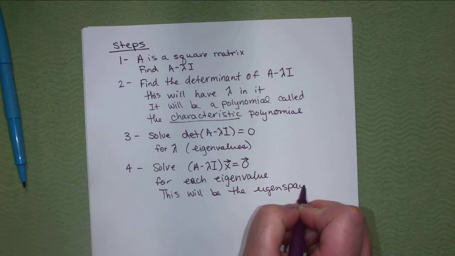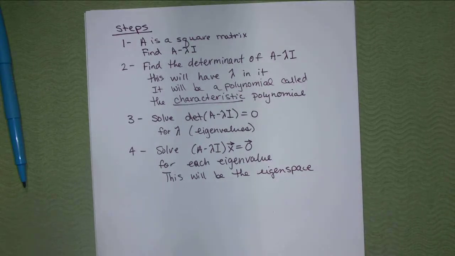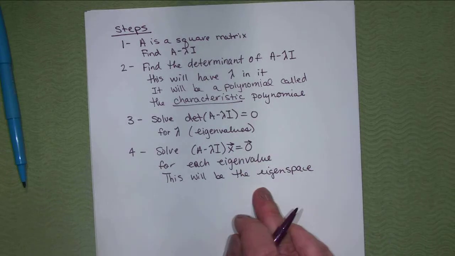This will be the eigenspace. And the reason it'll be the eigenspace is, when we solve a system of equations and you get infinitely many solutions, that means there's more than just one vector, like t times a vector. This will give infinitely many solutions.